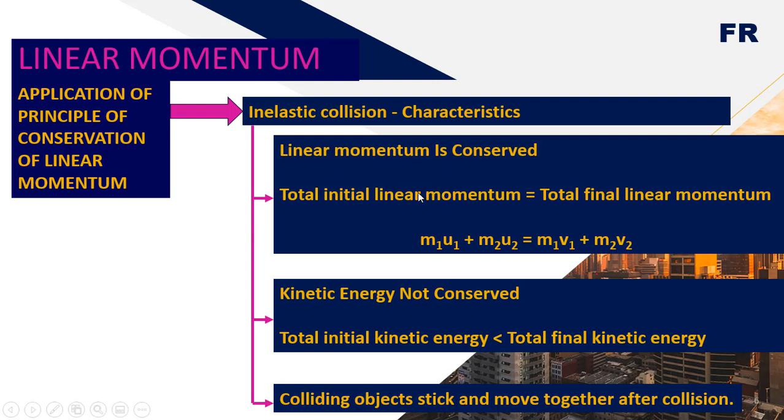So it is the same as the first type of collision, that is the elastic collision. So m1 u1 plus m2 u2 is equal to m1 v1 plus m2 v2. The second characteristic is that the kinetic energy is not conserved.